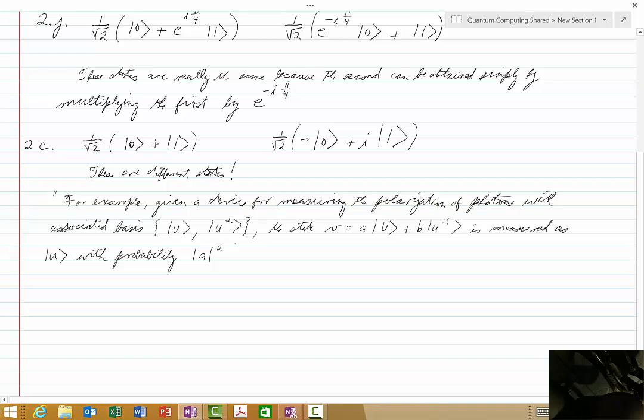Remember, that's just A times the complex conjugate of A. And as U orthogonal with probability absolute magnitude of B squared.